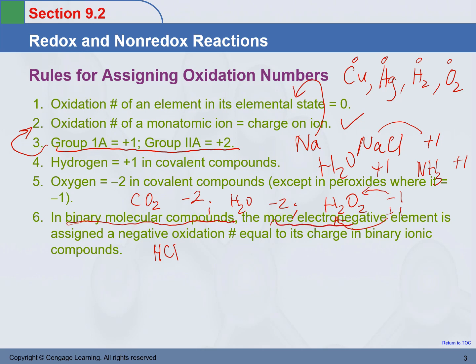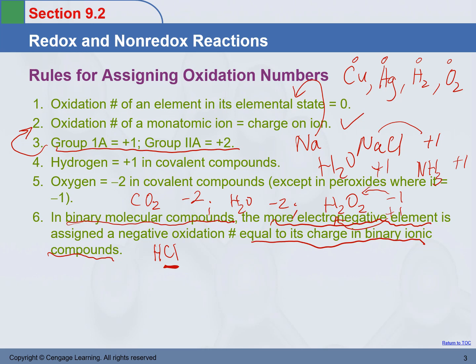The more electronegative element, chlorine, is going to be assigned a negative number equal to its charge in binary ionic compounds. What kind of charge is chlorine going to carry when it is in ionic compounds? Do you remember how to do that?